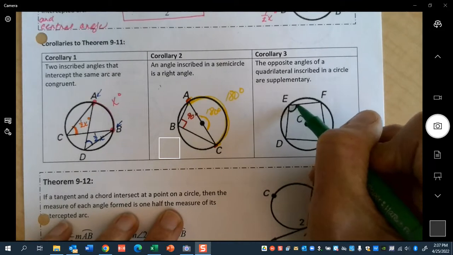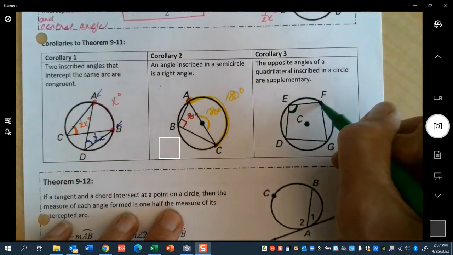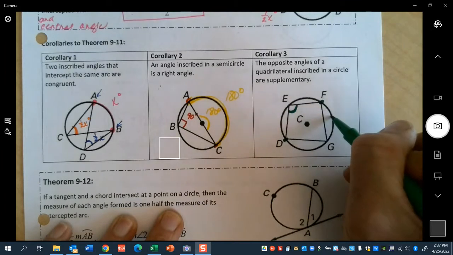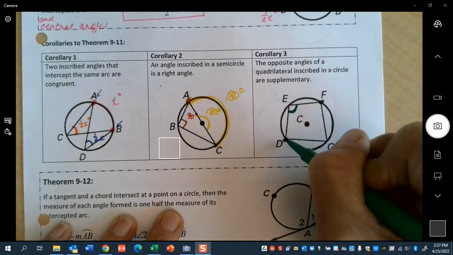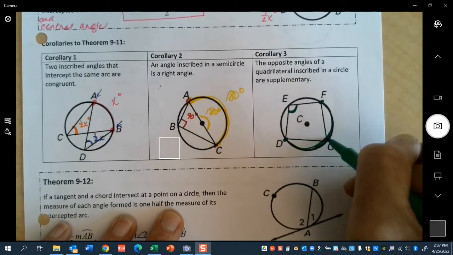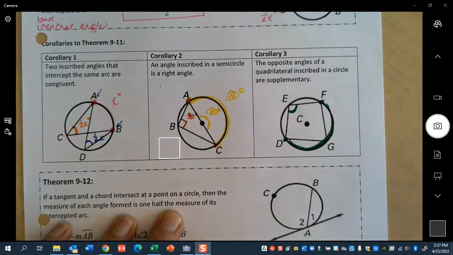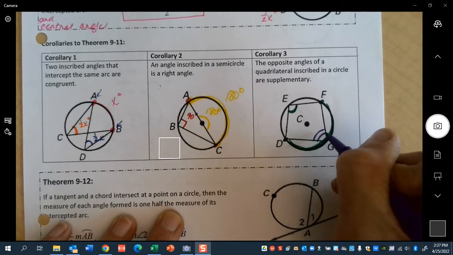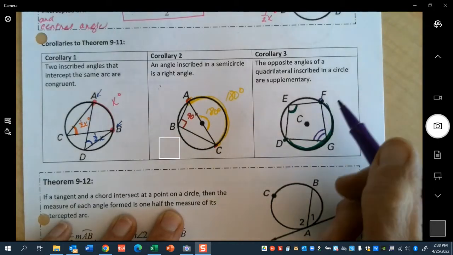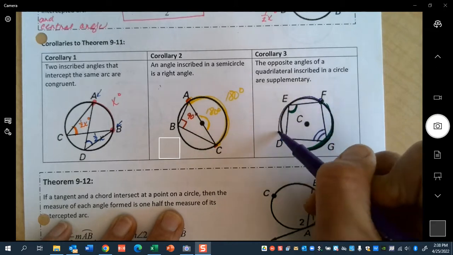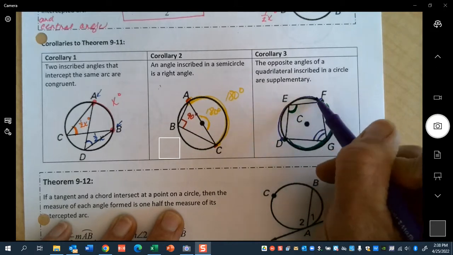Do you see here that angle E, its chords intersect at F and D, and its related arc goes around this part of the circle? You okay with that? All right. Do you see here that angle G has endpoints right here at F and D, and its related arc goes around the circle this way?